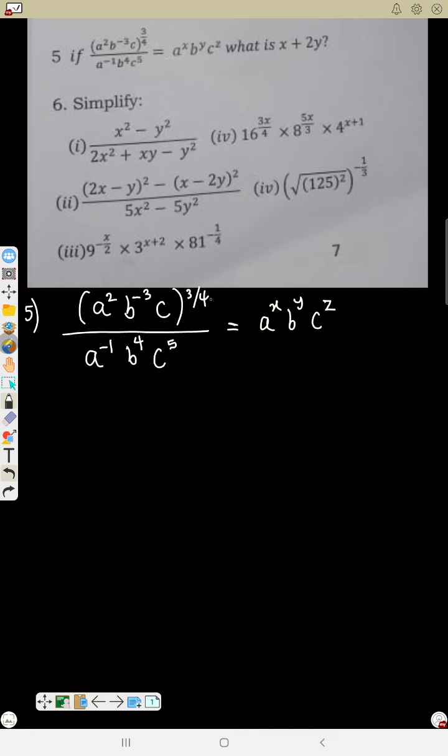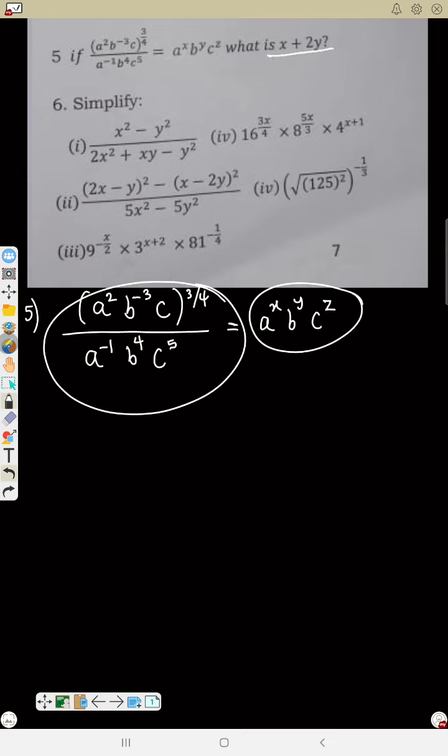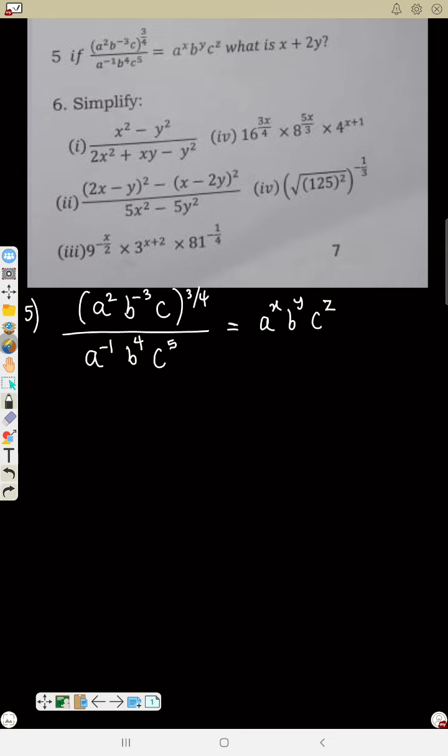So that means we need to simplify this to get this part before we can now solve for x plus y. Now, let's simplify the left hand side. Remember, this 3 over 4 will affect everything in the bracket this way.